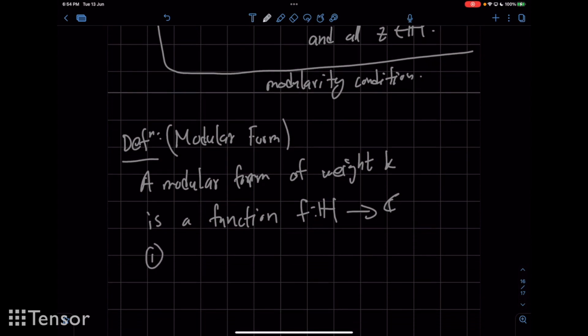If I have a complex valued function that takes inputs from a subset of the complex plane, ideally we want the function to be holomorphic, because holomorphic functions are the nicest possible functions, right? So we want f to be holomorphic on H.